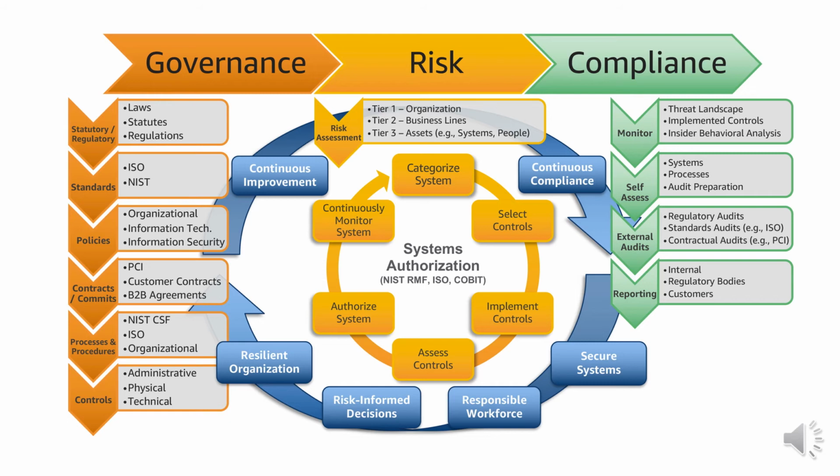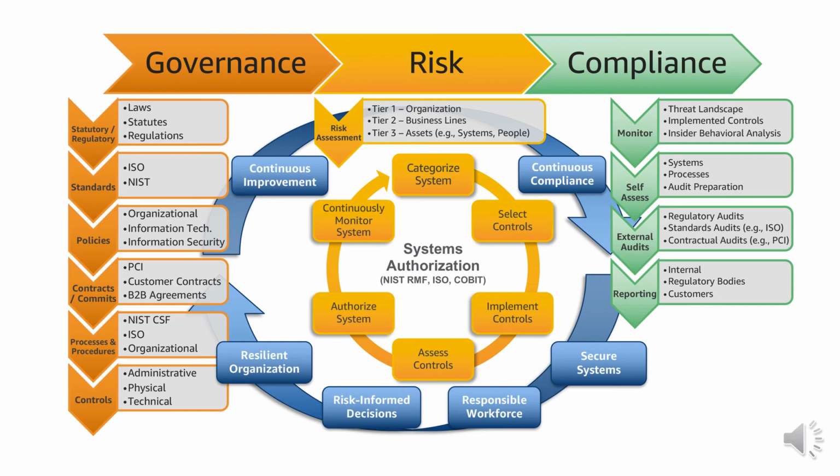On top of that, they do have risk assessment at 3 layers: tier 1 at organizational level, tier 2 business lines, and tier 3 which has assets, for example systems and people.